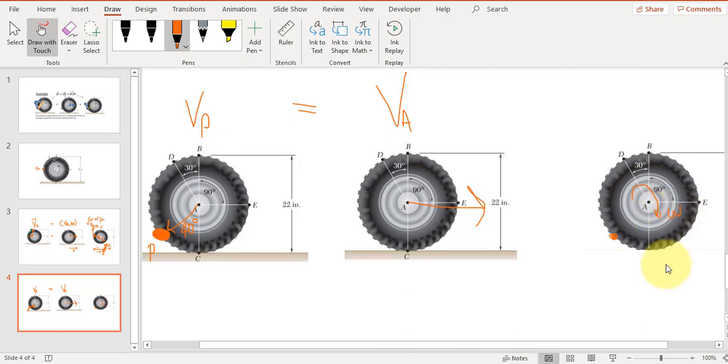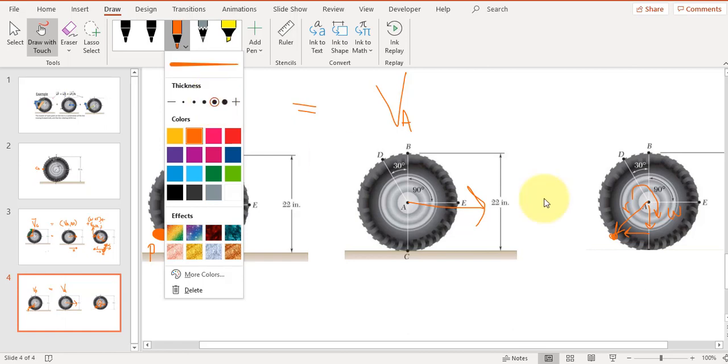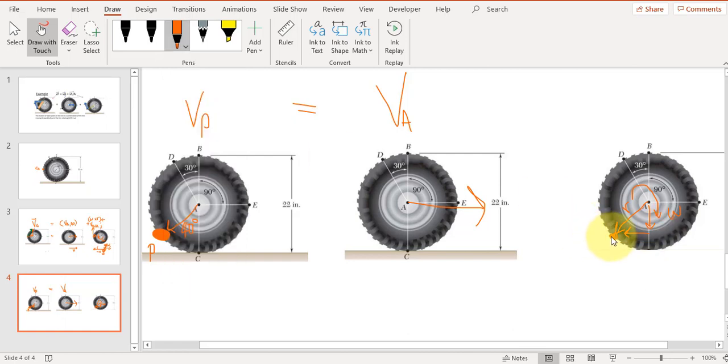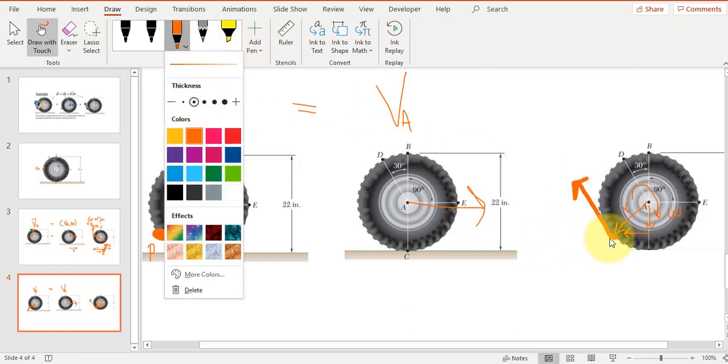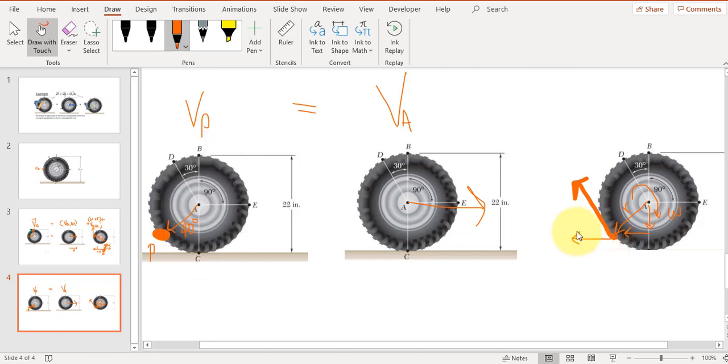So here's our angular velocity. And if we look at V equals omega cross R, here's our radius. And in this case, our radius has a negative y, negative x component, so we're going to have to split it into its x and y components. And then the overall direction of the velocity is tangent to this tire, and that velocity is also going to have an x component and a y component.